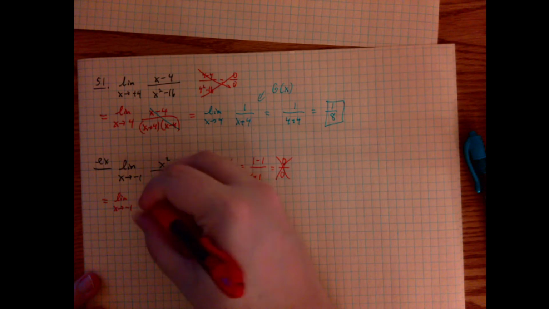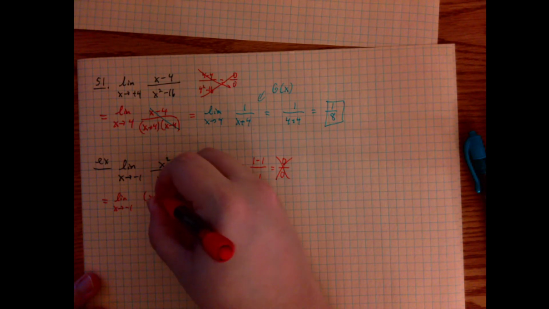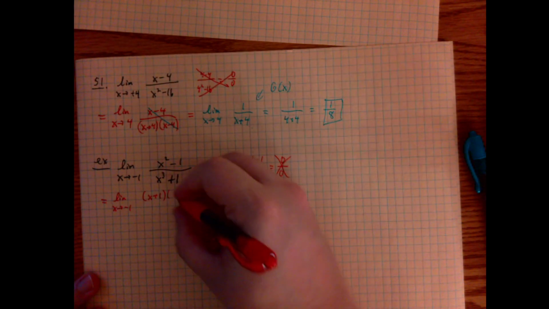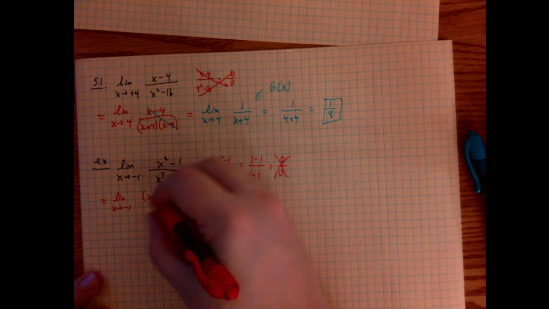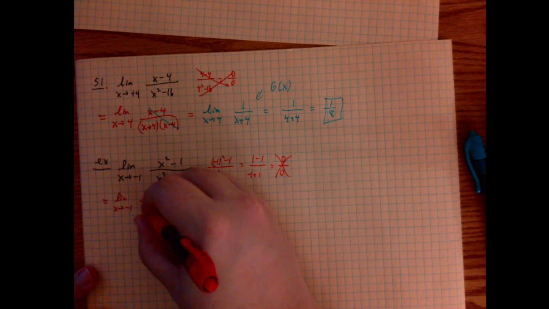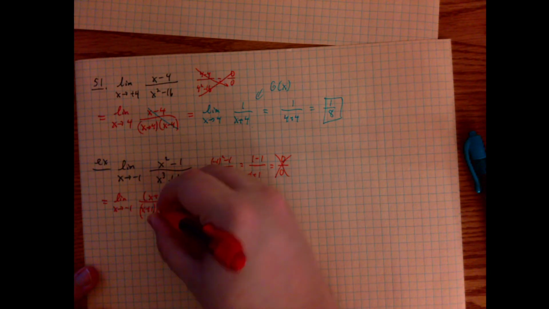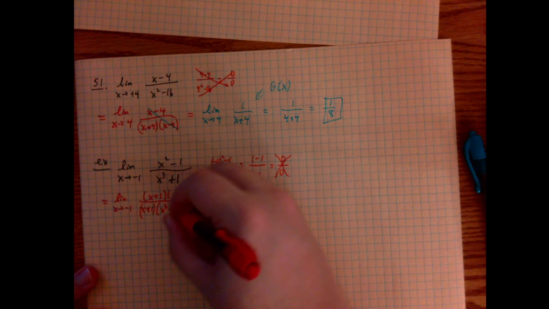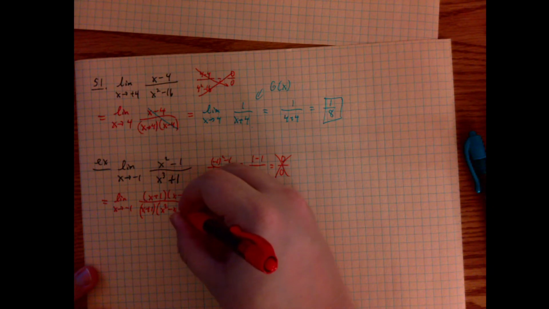I factor the top. The top factors using difference of squares into x plus 1, x minus 1. The bottom factors into x plus 1 times x squared minus x plus 1.